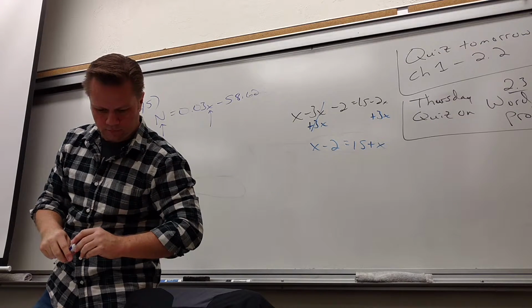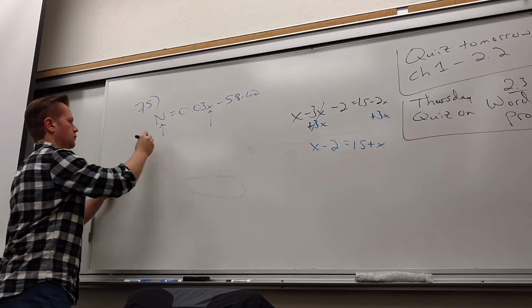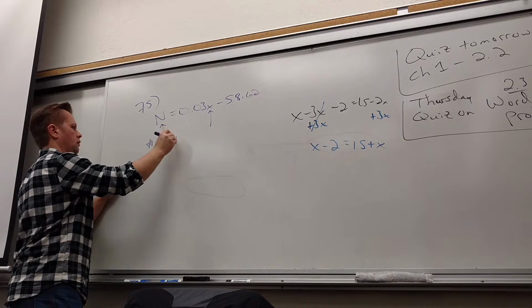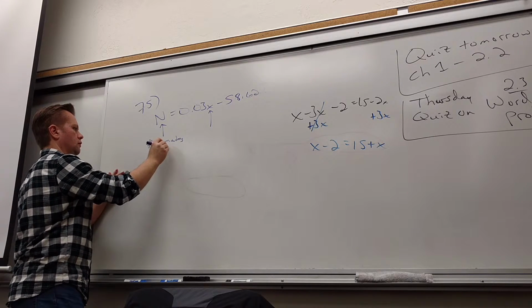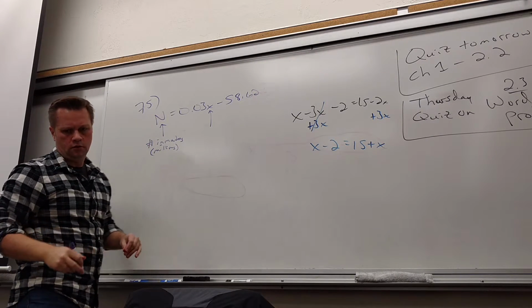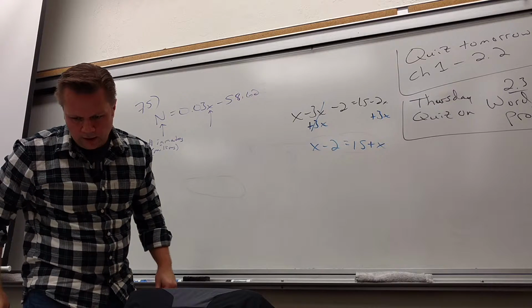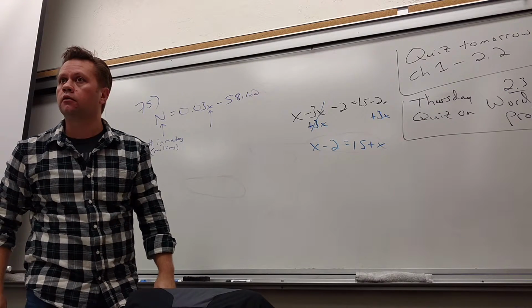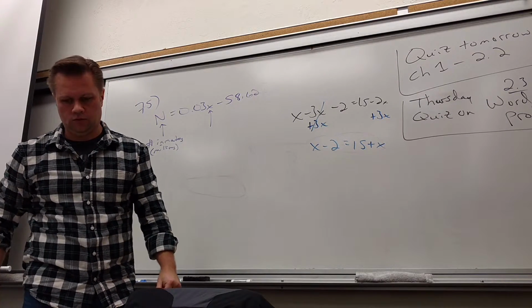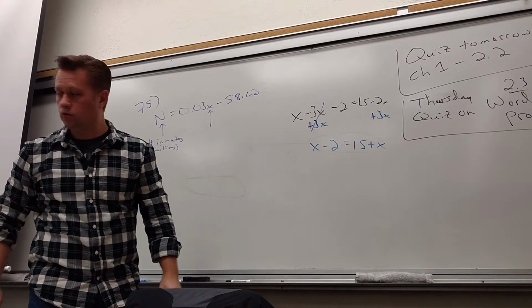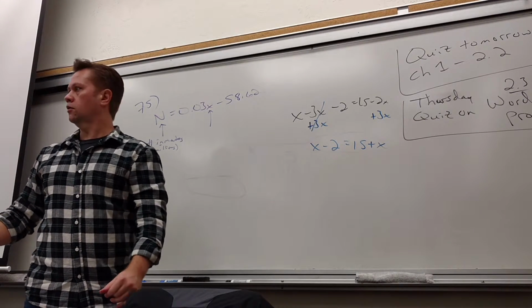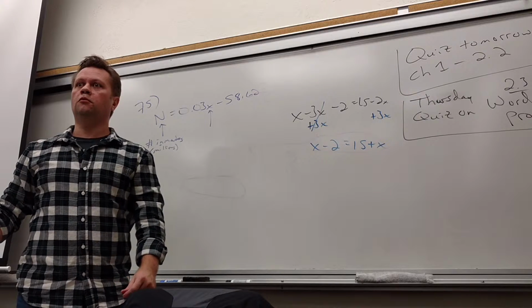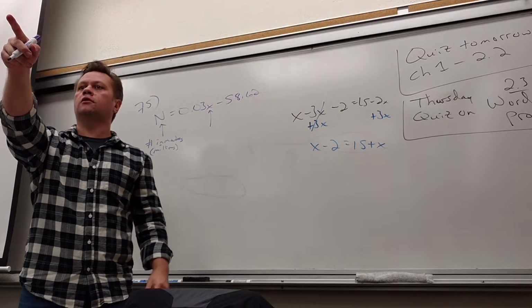The number of state and federal inmates. Beautiful. The number of inmates, in millions. And what does X represent? X is greater than or equal to 2002, but it's the year. I like it. It starts in 2002.